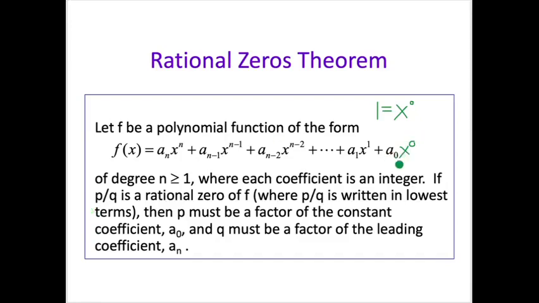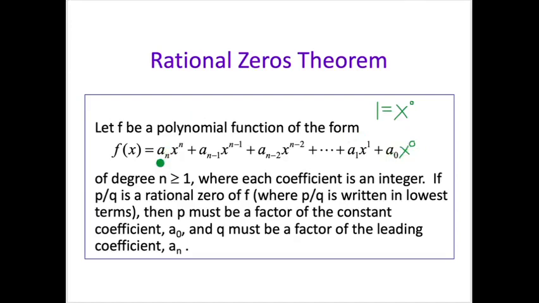So p is going to be a factor of a sub 0, that's the constant coefficient. And q must be a factor of the leading coefficient a sub n. So it's going to be a factor of the one in the front. So basically we take the factors of our constant and divide them by the factors of a sub n to see all the possible rational zeros.